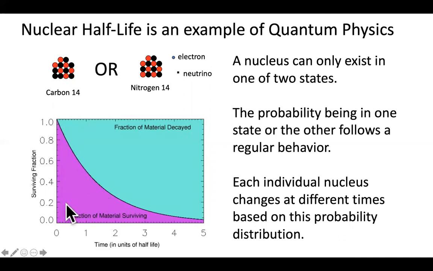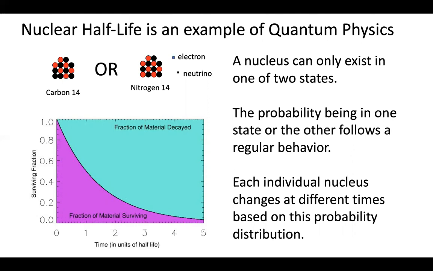If you have a bunch of these, most of them are going to make the transition early, about half by the first half-life. But some of them will not transition till the third or the fourth or the fifth half-life. Again, this is just showing that the probability distribution is behaving like a physical thing here.